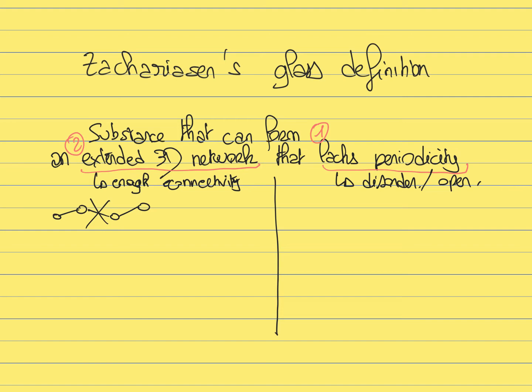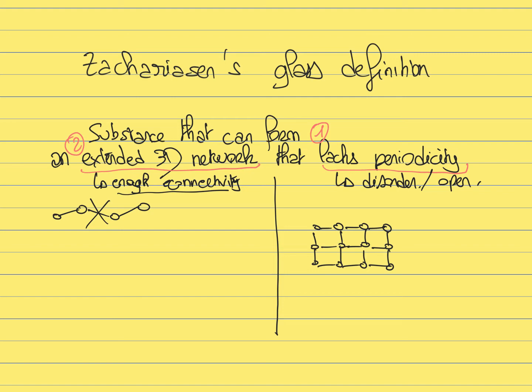So if you summarize, if you want to form a 3D network, you need to have enough connectivity. But if the connectivity is too high, if all the atoms are connected to each other with a very large degree of connectivity like this, then you would not be able to form a disordered structure. The only way I could draw such a structure is by forming a crystal.